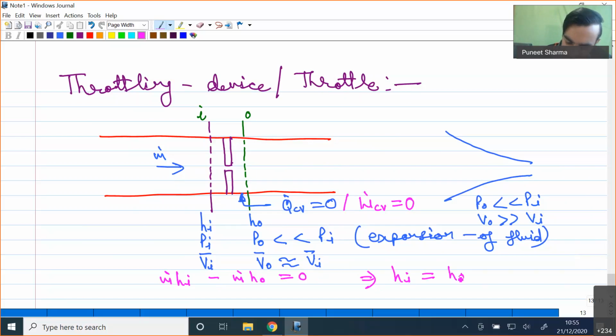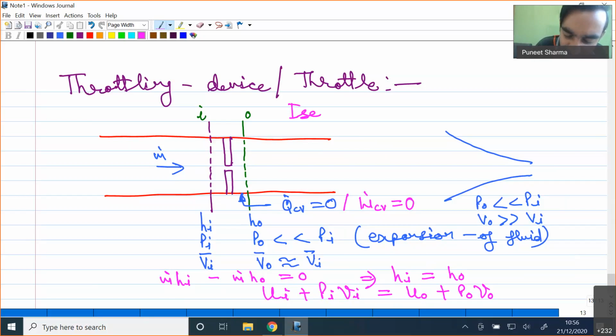Now we know that HI is nothing but UI plus PI into VI, which will be equal to UO plus PO into VO. So it means that my PI is decreasing. In order to ensure this constant enthalpy condition, the process inside this throttling device is nothing but an isenthalpic process.